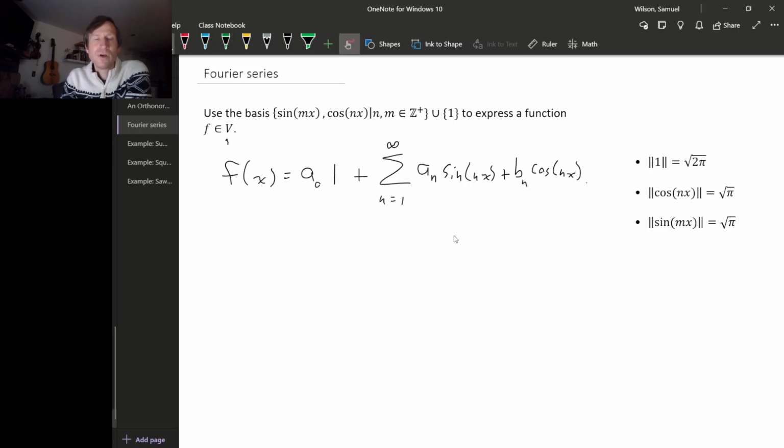Right? And what we're trying to do here is find out what are these coefficients. How can we find the components of any given function relative to this basis?